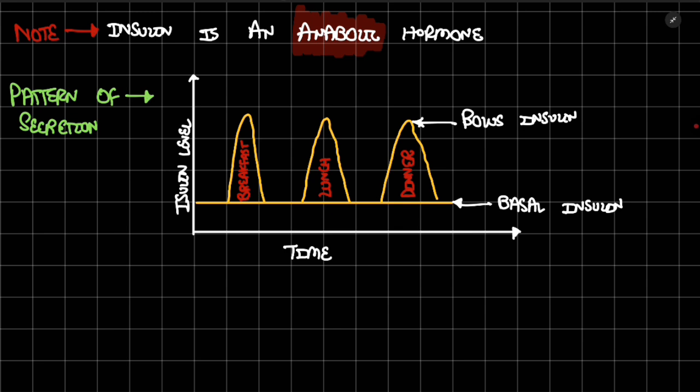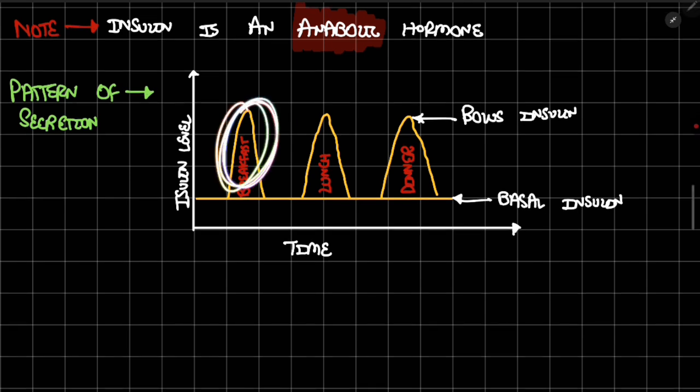So these peaks basically represent that the insulin levels are increased. When we eat breakfast, many carbohydrates go into the body, and a rise in the glucose level is seen. So to decrease that glucose level, we see an increase in insulin levels after every meal. That is bolus insulin.